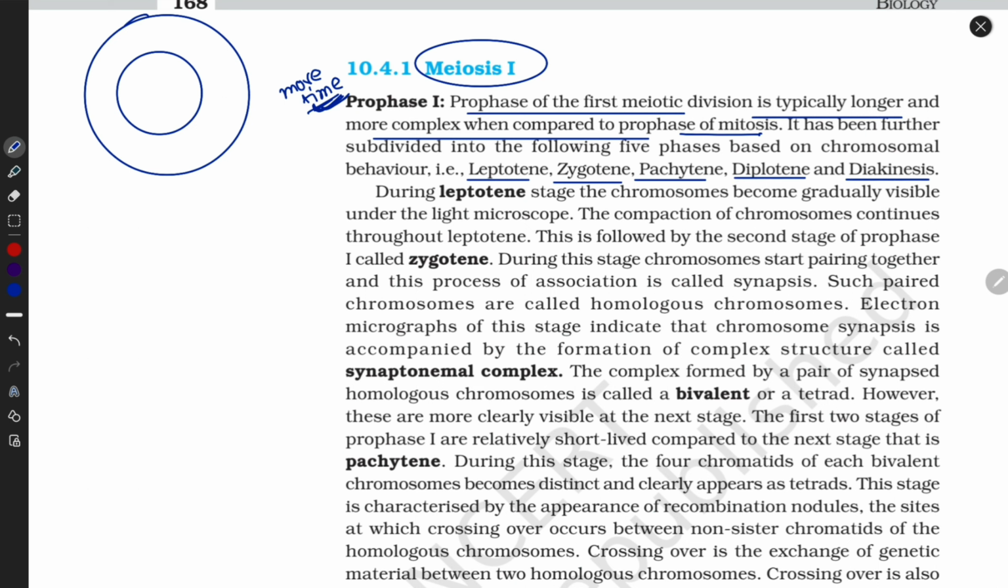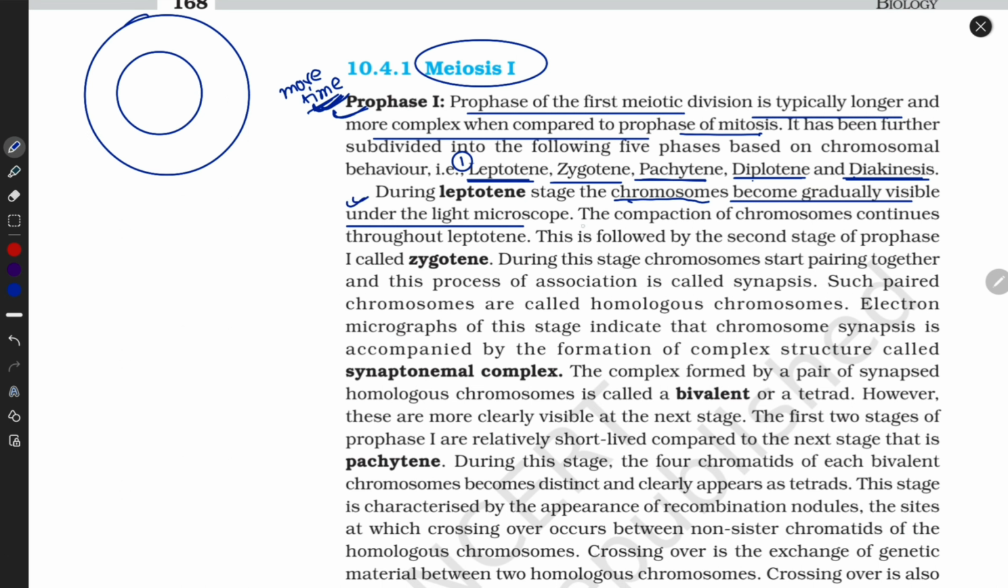The five phases are leptotene, zygotene, pachytene, diplotene, and diakinesis. Remember this sequence, guys: L Z P D D. Let's start with leptotene, the first phase of prophase 1. In this stage, chromosomes become gradually visible under the light microscope.